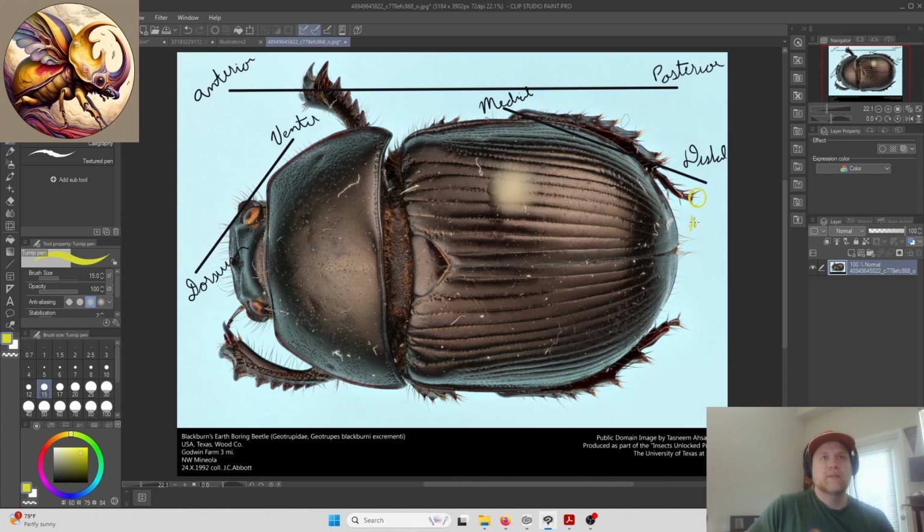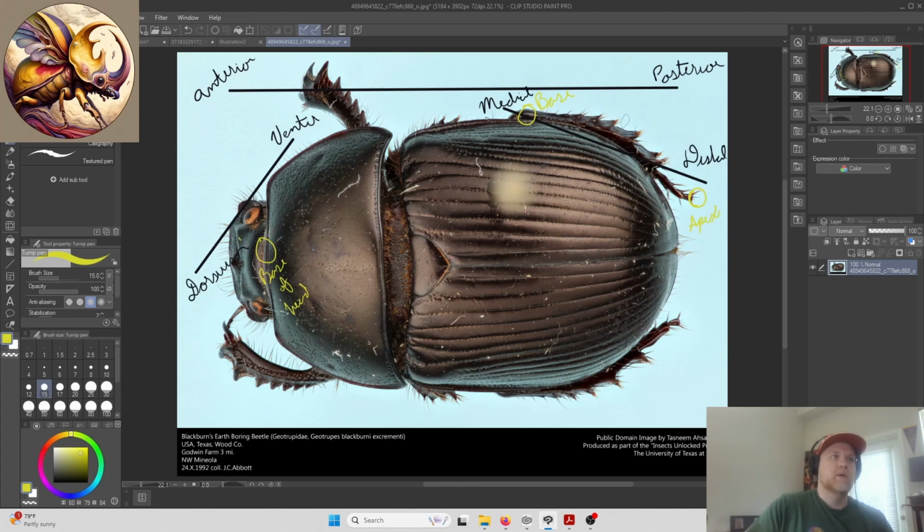This is the apex. And this would be the base of the leg. Things get a little weird when we're talking about the full body. You would think, well, this is the base of the head. But it's also this, so this is the head.